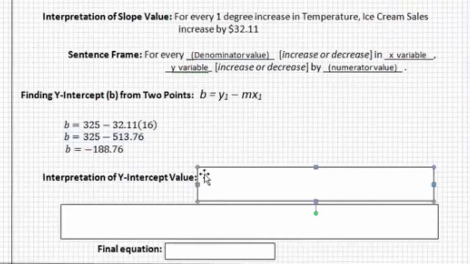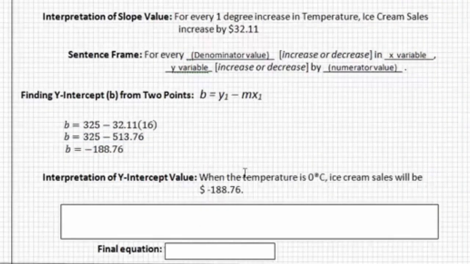Here's how I interpreted it. When the temperature is 0 degrees Celsius, ice cream sales will be negative $188.76. So I'm just stating what this value means. And again, that was our x variable when x is 0, and our y variable and what our y-intercept is.